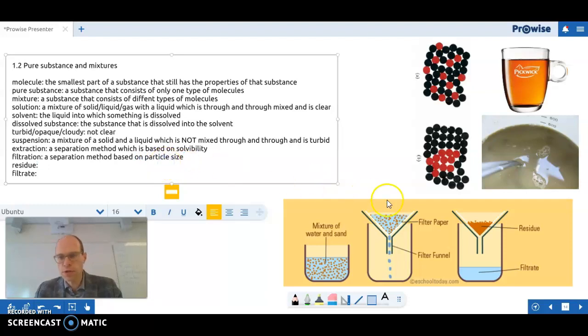And if we take a look at it, we get two things if we filter it. Some parts are left behind in the filter and some is passing through the filter. What is left behind in the filter is called the residue, and what goes through the filter is called the filtrate. So the residue is what is left behind in the filter, and the filtrate, what went through the filter.